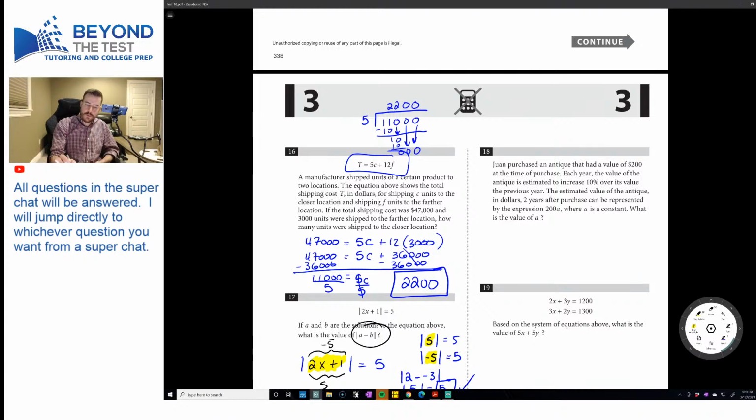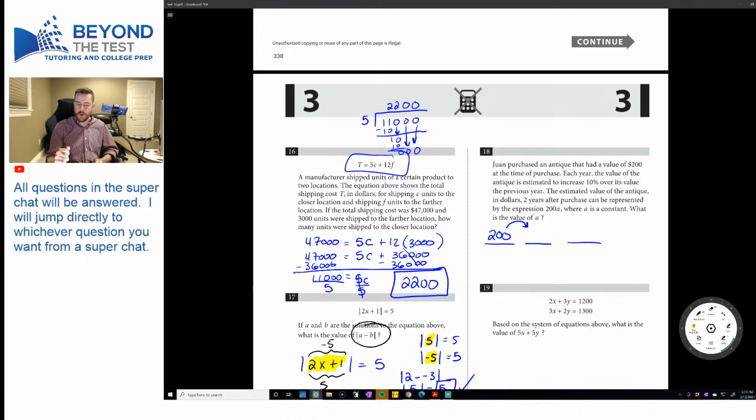All right, so here's what we know. We're starting with $200, and it's going to increase in value 10% each year. So we care about what's going to happen in 2 years. Well, if I increase this 10%, we have to figure out what 10% of 200 would be. Now, some of you might know that right away and be able to do that, and that's great.